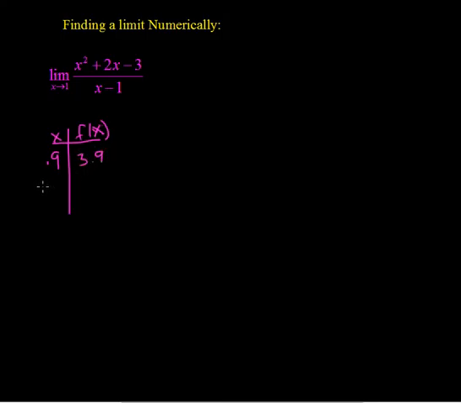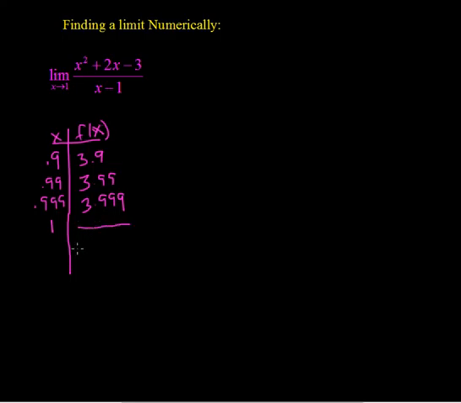And when we did 0.99, we got 3.99, and 0.999 gave us 3.999. Okay, let's extend that. Just so we can show we're sneaking up on it, we're going to put in our 1, and that, of course, was our error.